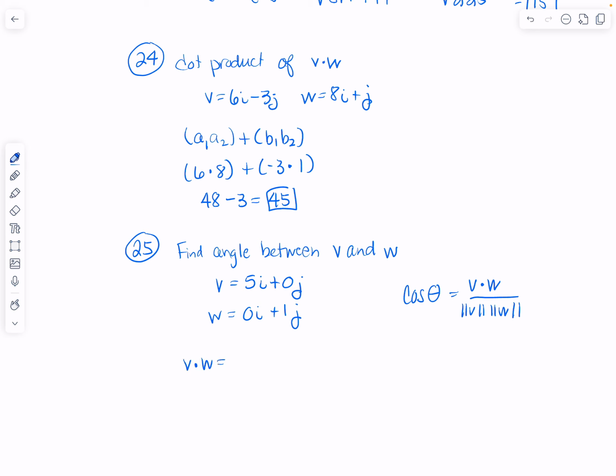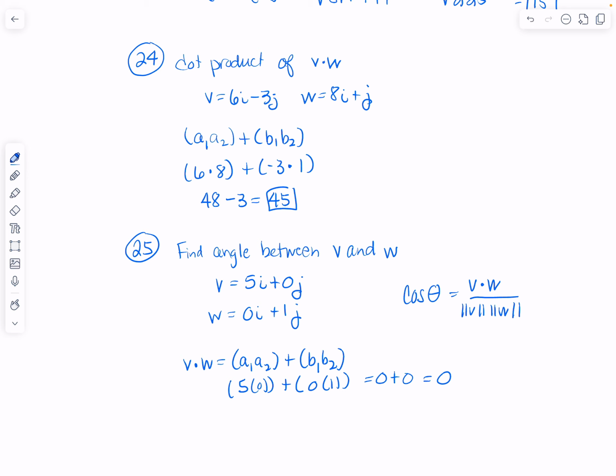So remember, I take the a components and I multiply those together, plus I multiply the b components together and I add those. So a1 is 5, a2 is 0, plus b1 is 0, and b2 is 1. Okay, this ends up being 0 plus 0, which equals 0.